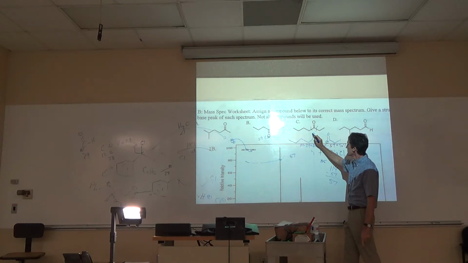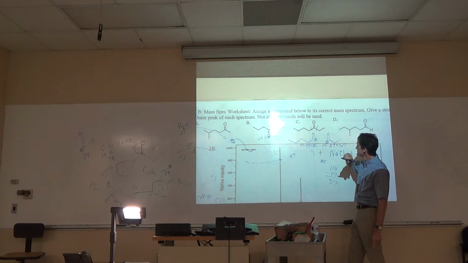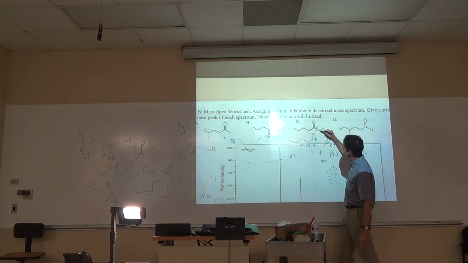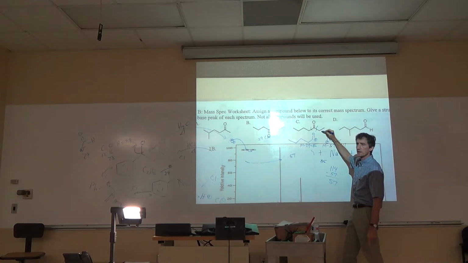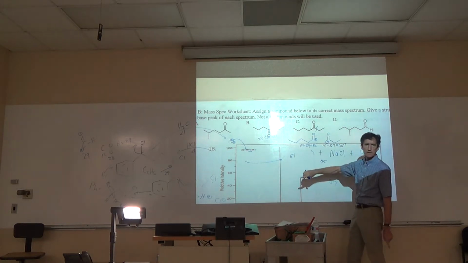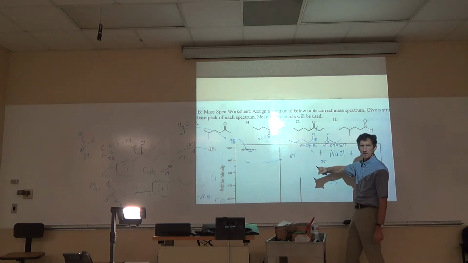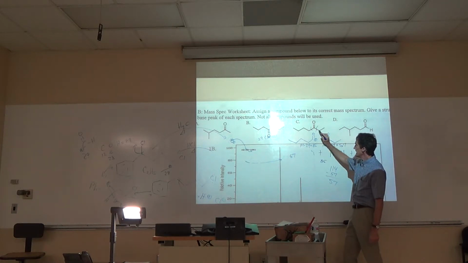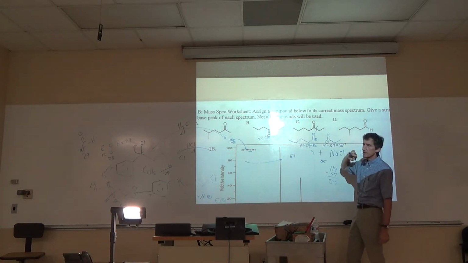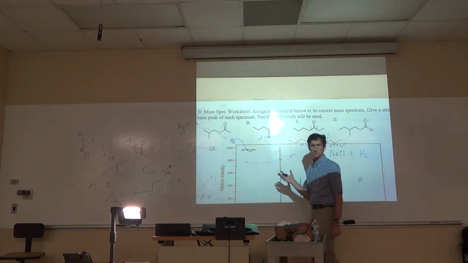If you cleave here and leave the cation over there, it would be 29. And we do see a 29 in the second spectrum. That's not that predictable though. Sometimes you can get peaks that aren't that predictable.